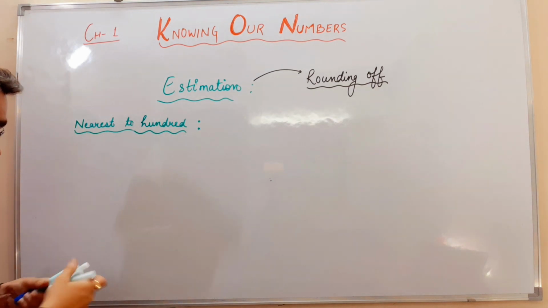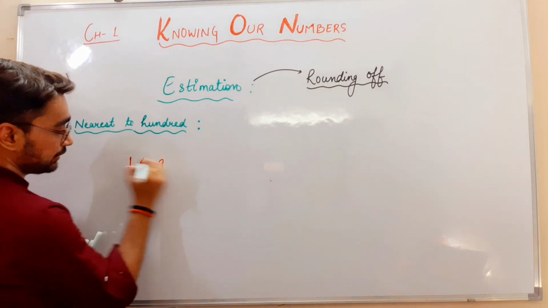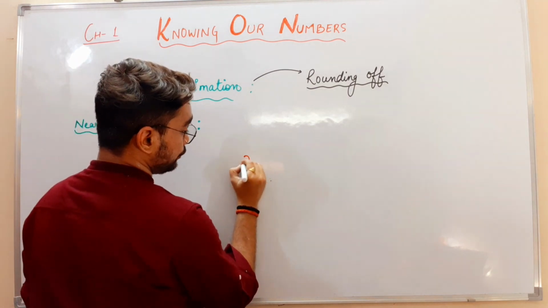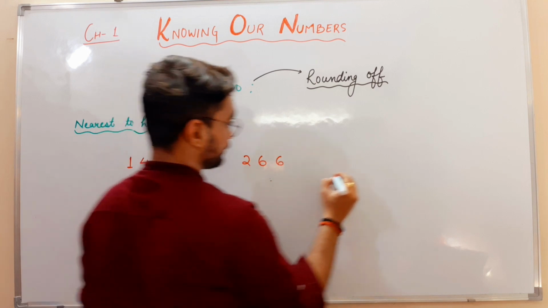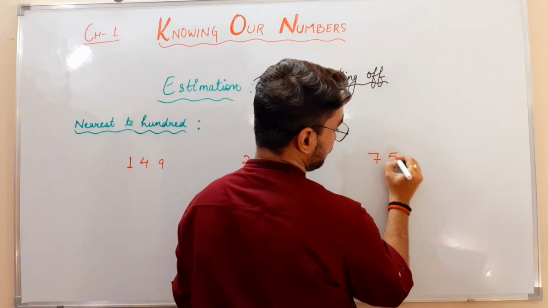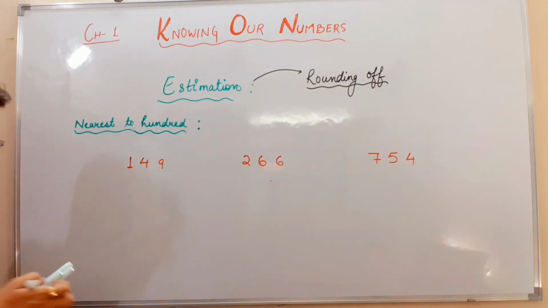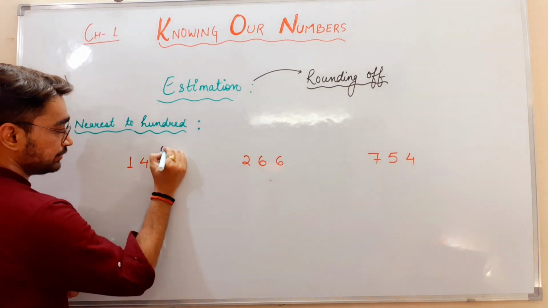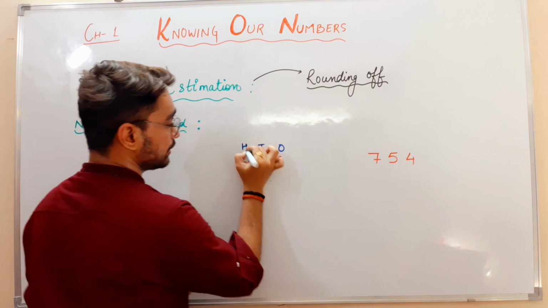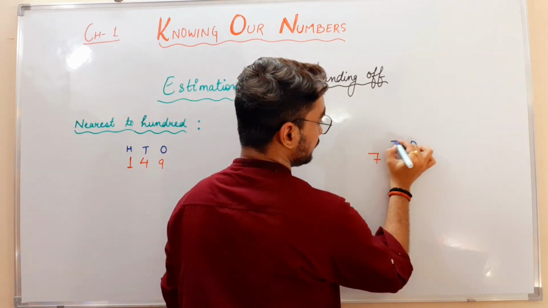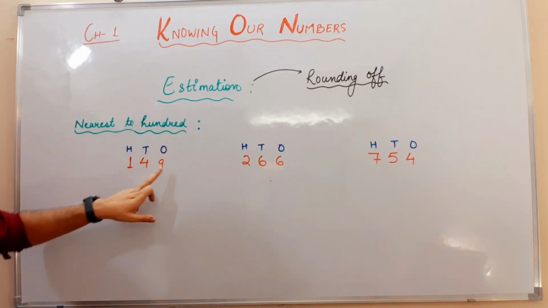Let us write some digits here: 149, 266, 754. Okay. Mark them as ones, tens, 100, ones, tens, 100, ones, tens, 100. Now nearest to 100: ones, tens, 100.